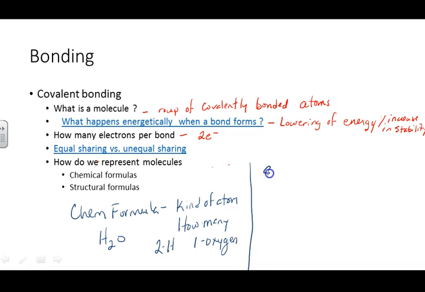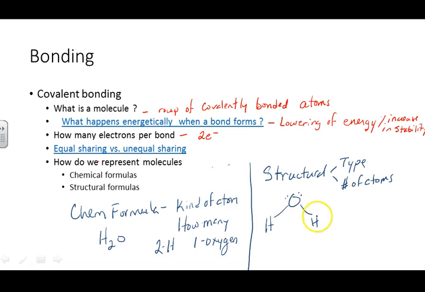We also have structural formulas. The structural formula for water would look like this. So the structural formula shows type of atom, number of atoms.